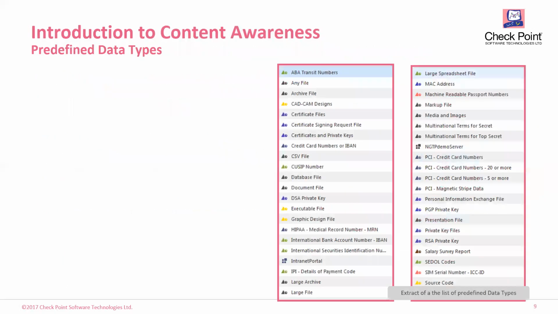So remember this example. When we're going over content, these are the data types. File types, I'm sure you know, are spreadsheet files, document files, things like that. Then the data types within, so now you can see certificate files, PCI credit card numbers, PGP private keys, and there's a longer list of these, but these are the types of things that you can look for.